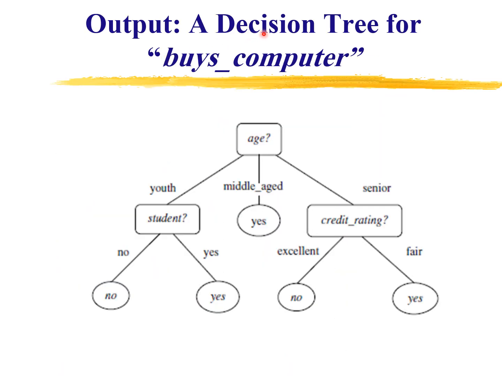Now this is the decision tree that comes out of the training data that we have. We start by age. Age can be youth, middle-aged, or senior. If the age is youth, we're not able to classify, based on youth only, whether the customer is going to buy the computer or not.